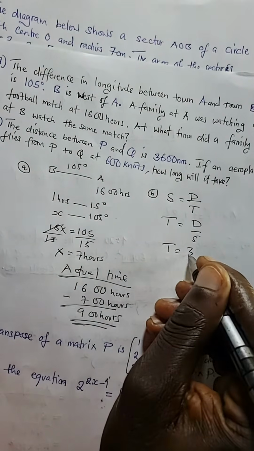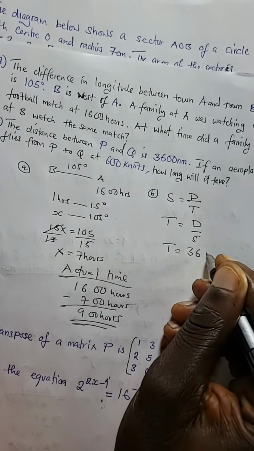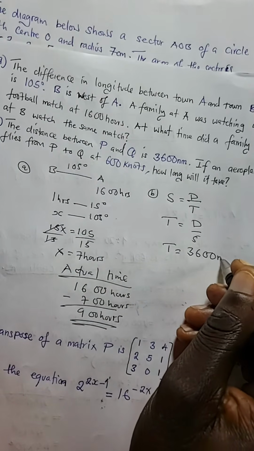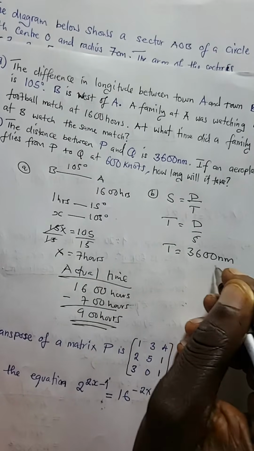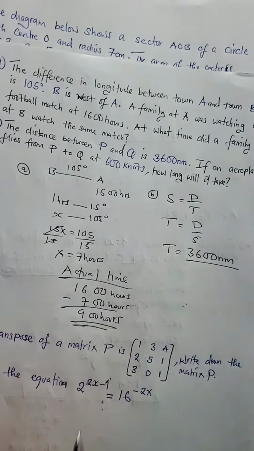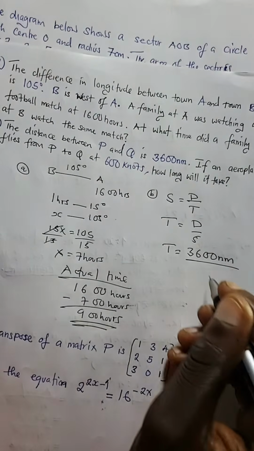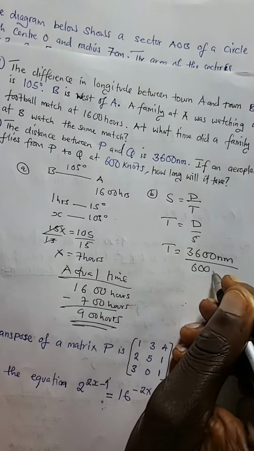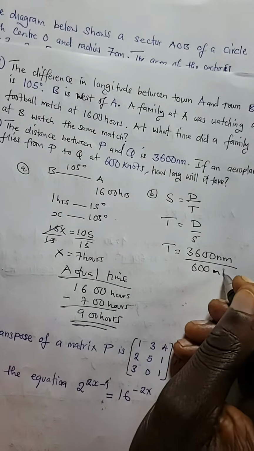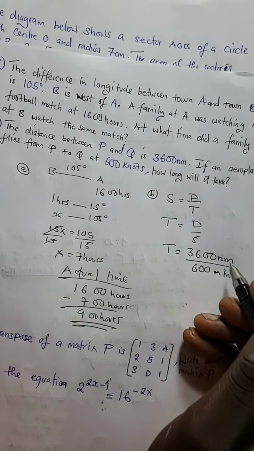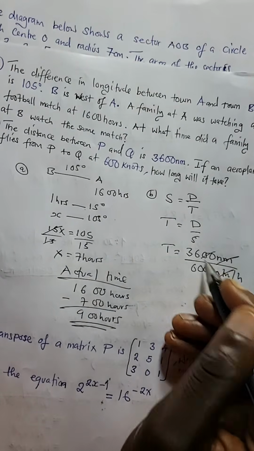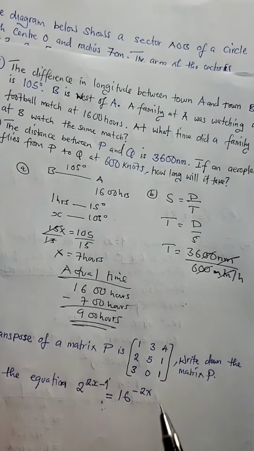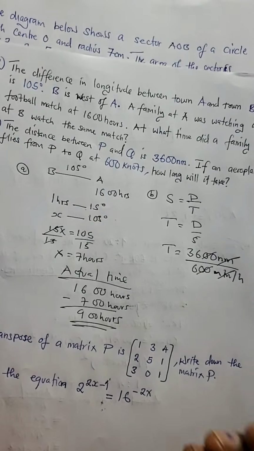So we're going to say 3,600 nautical miles over speed in knots. So 600 knots is nautical miles per what? Nautical miles per hour. So we can divide nautical miles and nautical miles. These two zeros and these two zeros will do what? Will cancel. How many times does 6 go into 36?